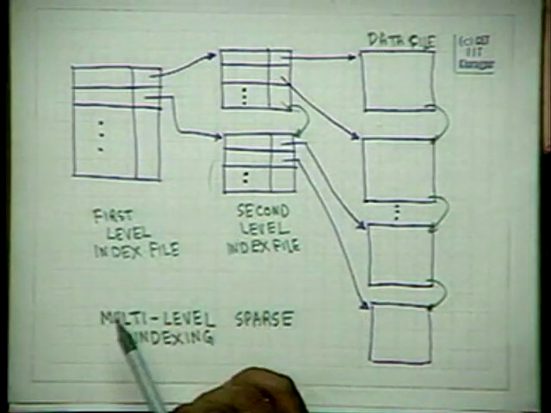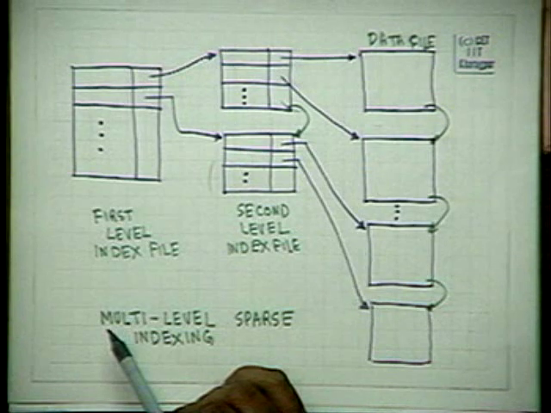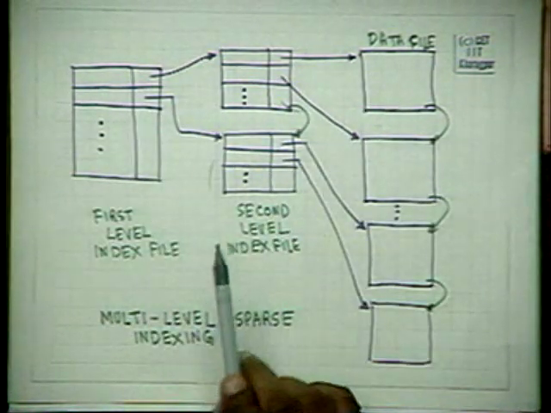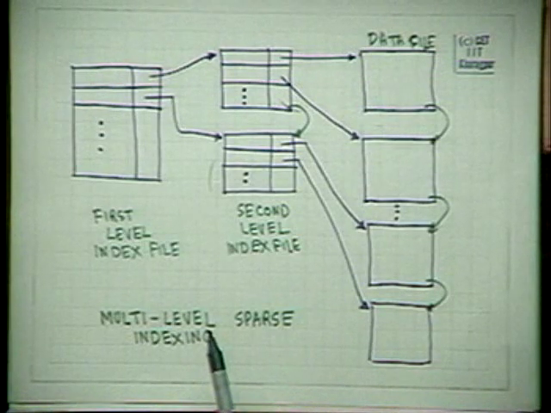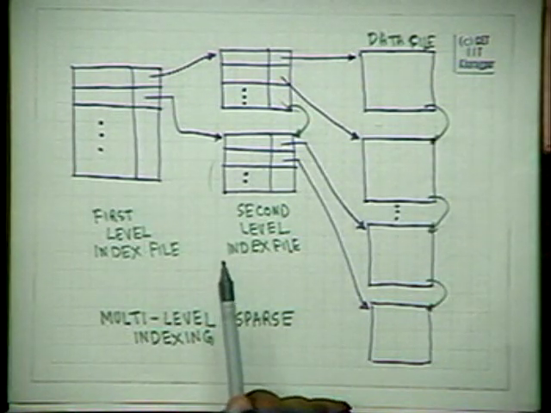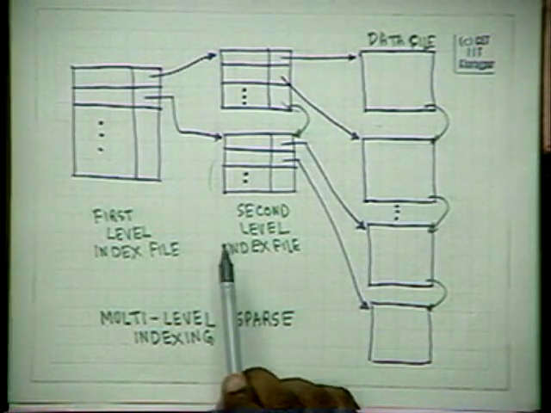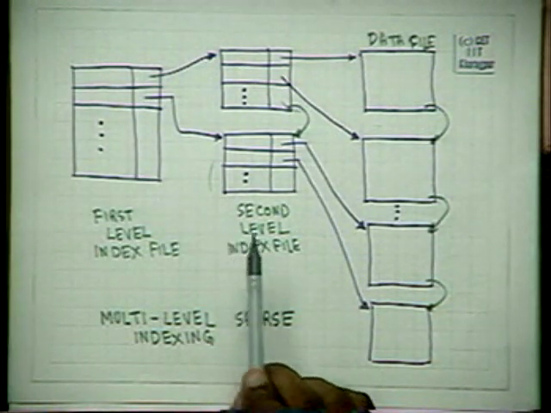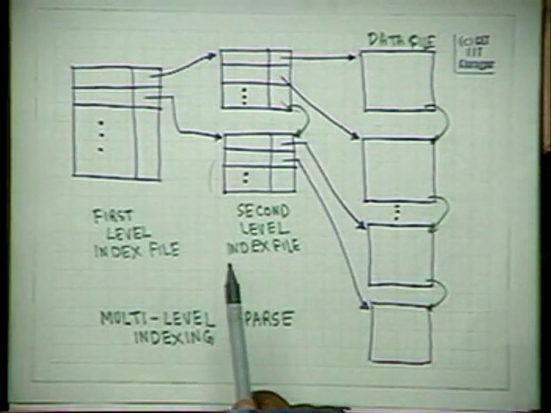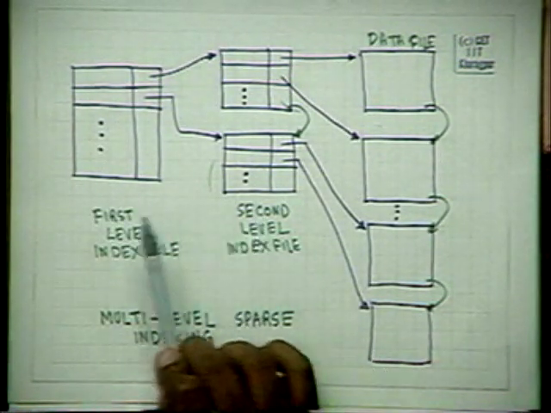What is the optimum level is the next question. And how will you reorganize? How will you redistribute so that everything is done in a proper manner? This is a question which we will answer when we discuss what are called B plus trees: how to have a dynamic number of levels.